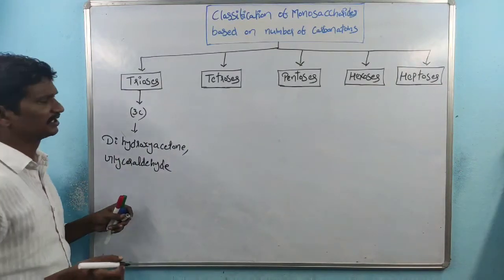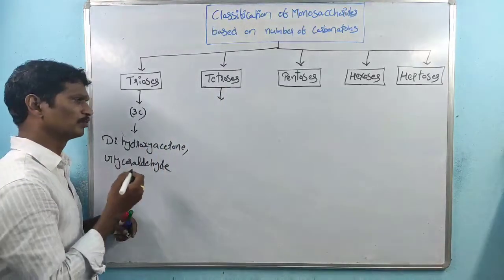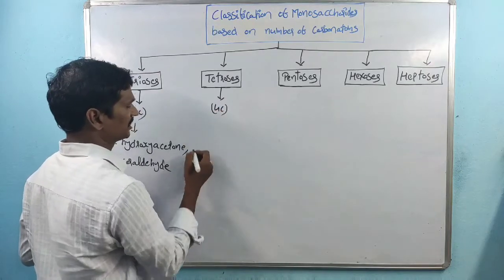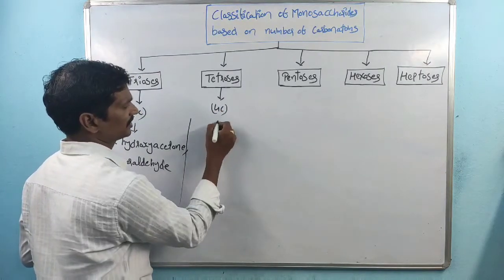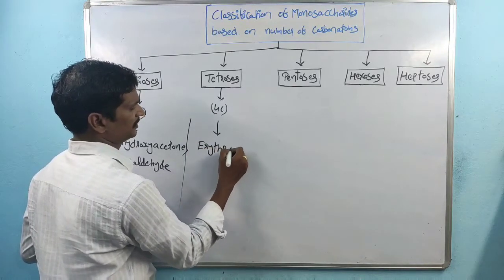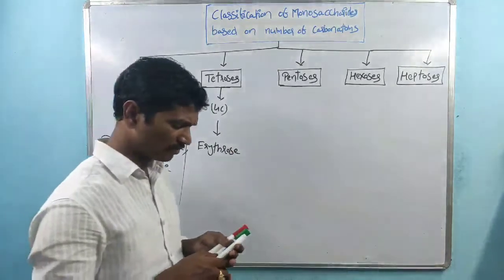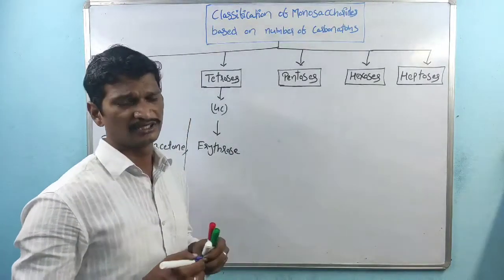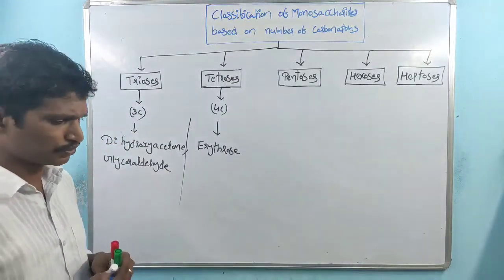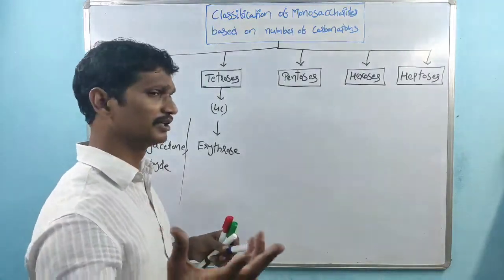The best examples are dihydroxyacetone and glyceraldehyde. Tetroses are monosaccharides containing 4 carbons. The fine example is erythrose. Erythrose is one of the important sugars for the formation of the RBC cell membrane. The RBC cell membrane is majorly formed by the erythrose sugar.